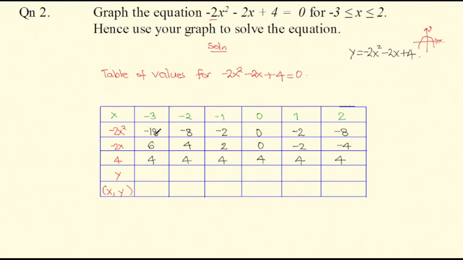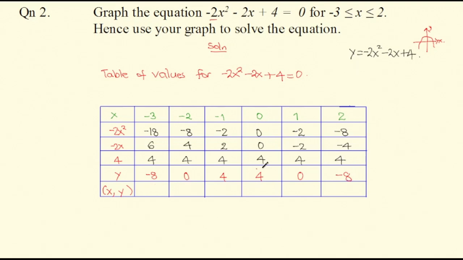So 10 plus -18, we get -8. Let's move on to the next one. We have 4 making 8, minus 8, we get 0. Then -2 and +2 neutralize, and we get 4. 0 plus 4, we also get 4. -2 plus -2, we get -4, plus +4, we get 0. Then -4 and +4 neutralize, and here we get -8.